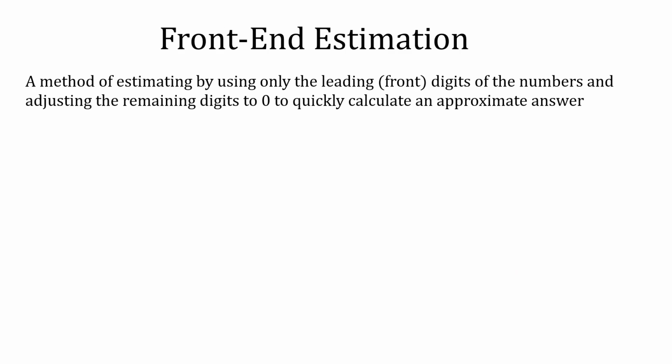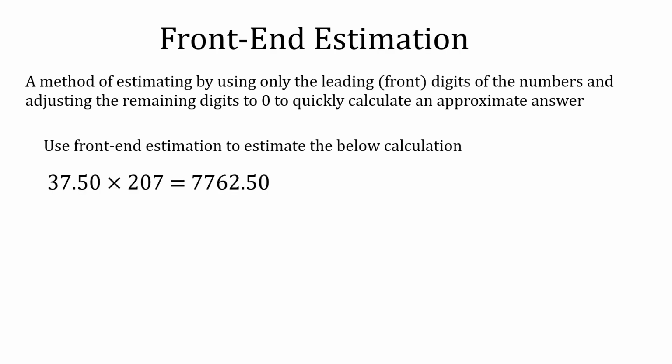Front end estimation is a method of adjusting by using only leading front digits of the numbers and adjusting the remaining digits to zero to quickly calculate an approximate answer. So for example, if I were to use front end estimation to estimate the calculation below, here's what I would do. This here is the actual calculation. If I use front end estimation, I simply keep the first values the same, 3 and then a 2, and I make everything else 0.